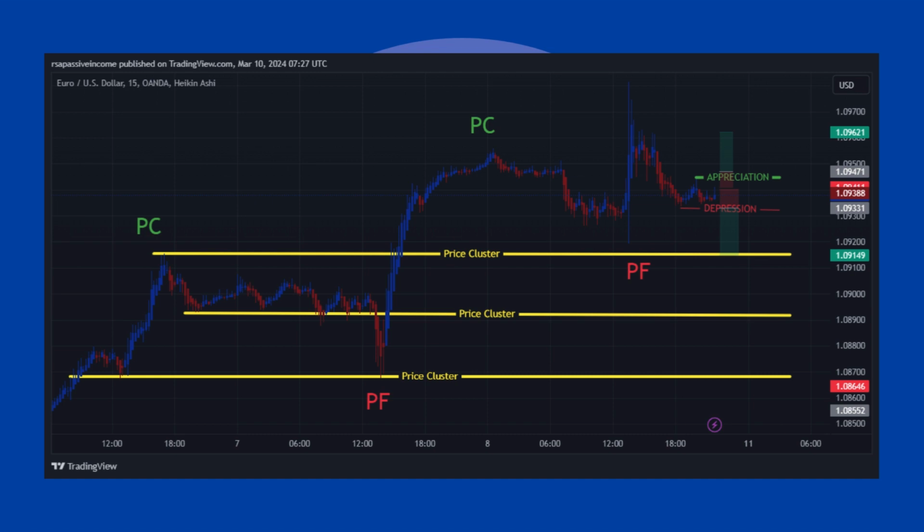Price clutter there. And below that, I also have another price clutter somewhere here.